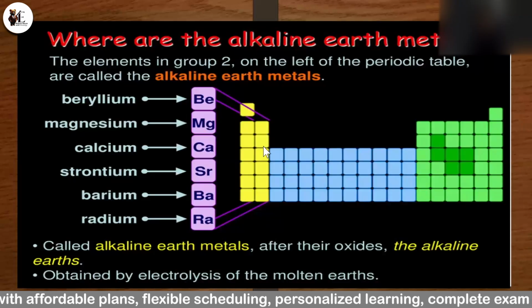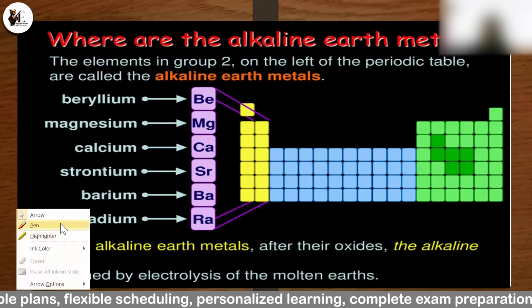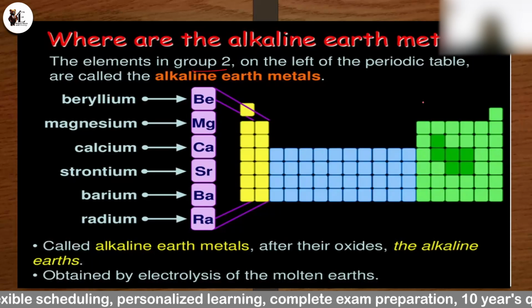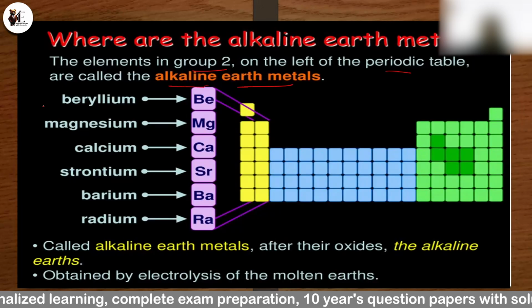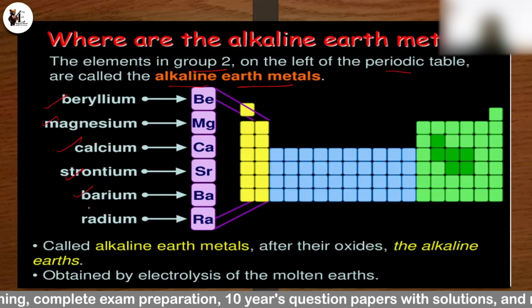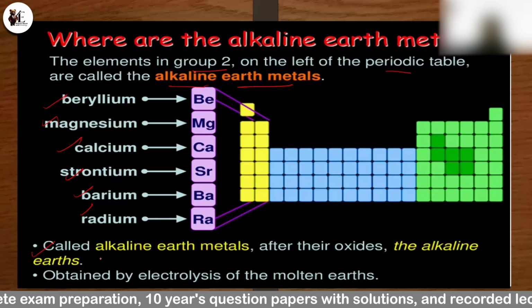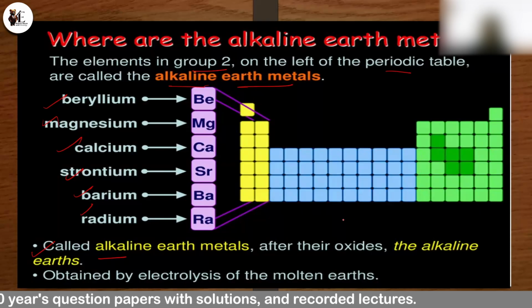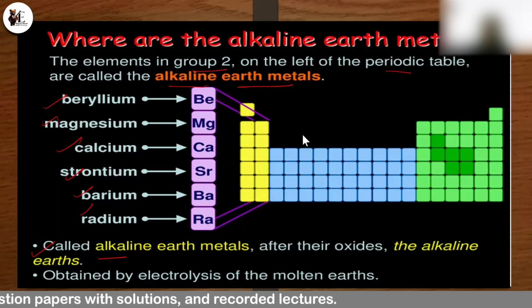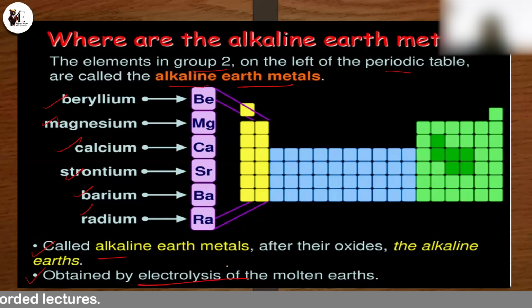I'm done. So where are the alkaline earth metals found? The elements in group 2 are on the left of the periodic table. They are called alkaline earth metals. You know the names of these alkaline earth metals. Why are they called alkaline earth metals? Because their oxides and hydroxides are alkaline in nature. And the second point is they are obtained by electrolysis of the molten earths.